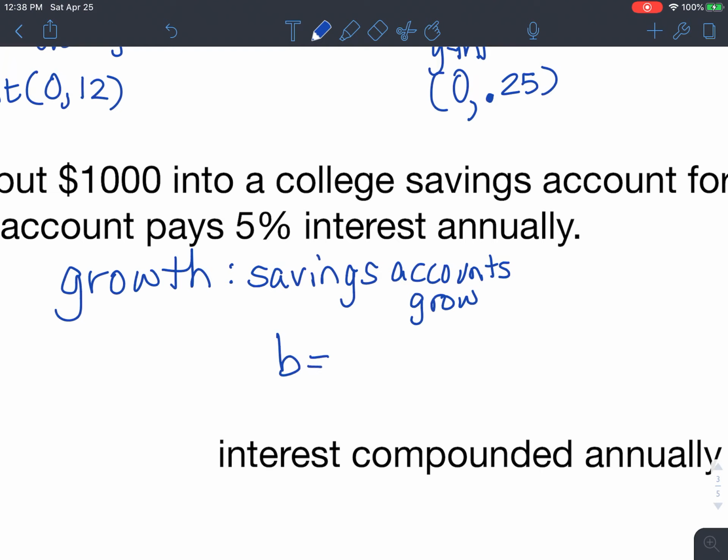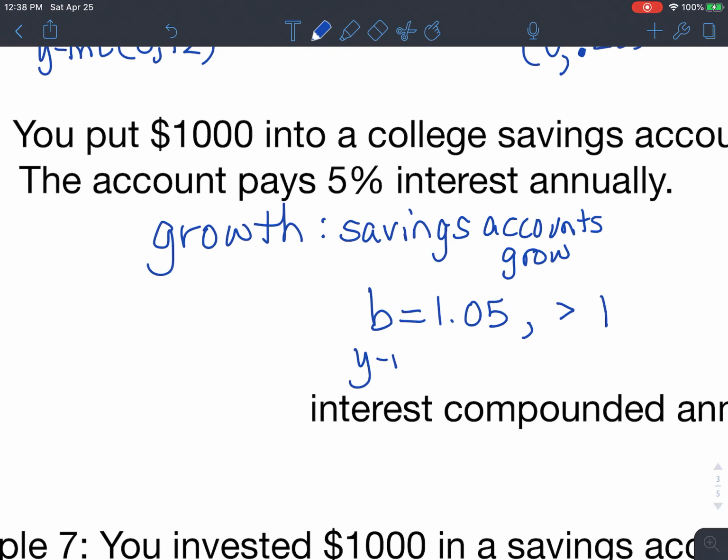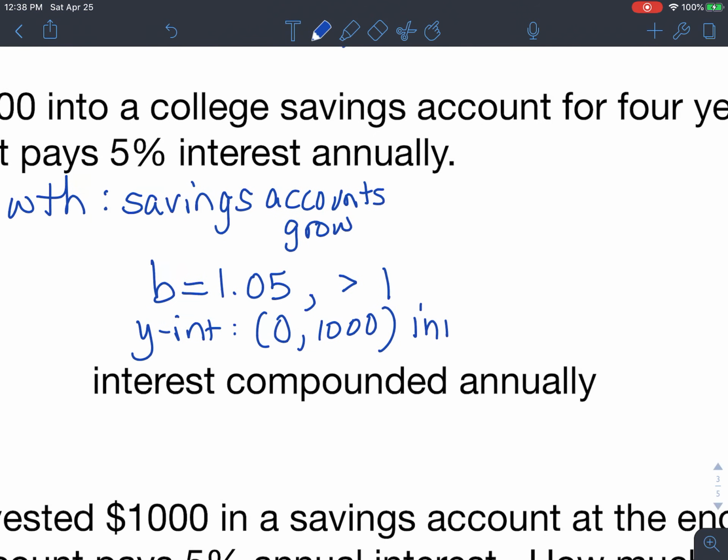But B would be 1.05. We'll discuss that more in a little bit. And of course, that's greater than 1, which makes it growth. And the y-intercept would be 0, comma 1,000. That's the amount you put in, the initial investment.